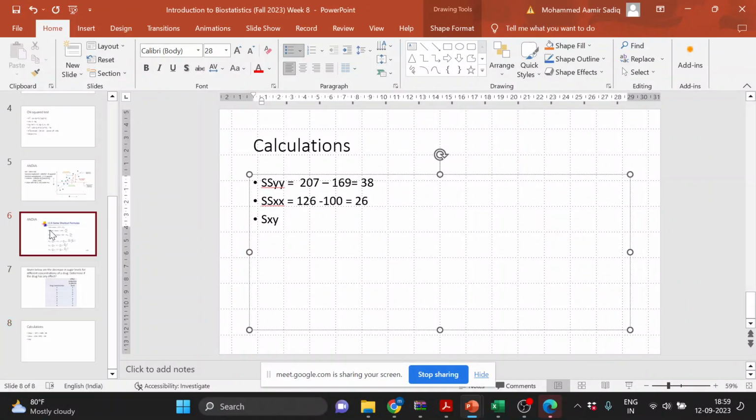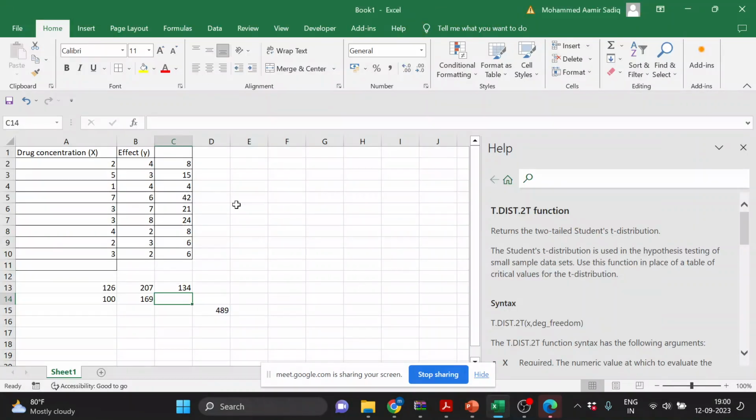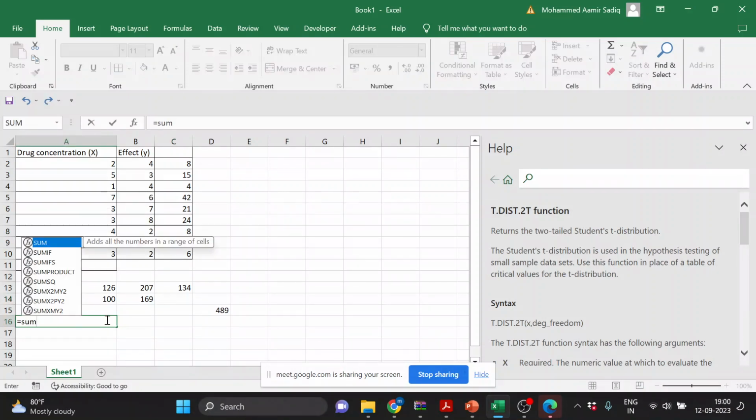If you look at our SXY, it's sigma XiYi minus sigma X into sigma Y by N. So we have calculated sigma XiYi. Now what is sigma X? It is just the sum of all our X values.